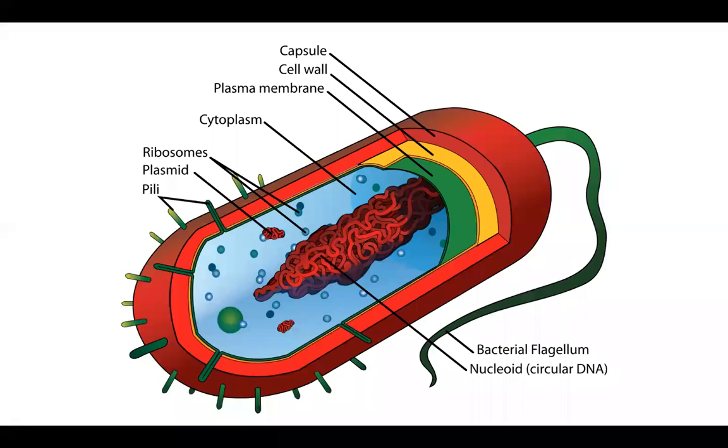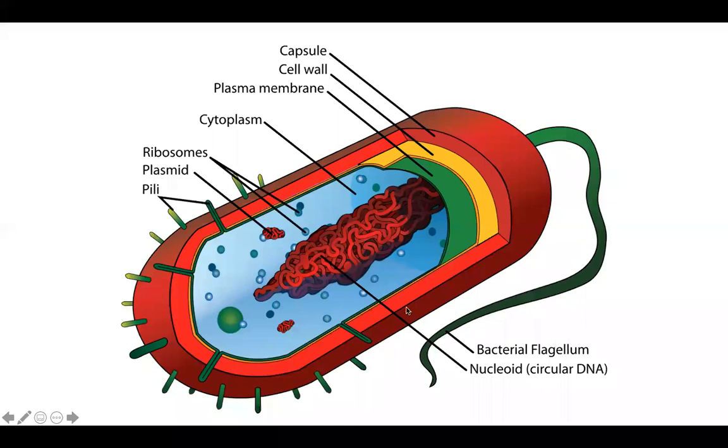So you have the capsule, and you have the cell wall, the plasma membrane or the cytoplasmic membrane, and you have the cytoplasm, which you're already familiar with, where you have complexes, you have ribosomes, we have plasmids, which we shall look at to see what these are. They have pili, and some bacteria are motile, and what they use is the organelle referred to as the flagellum.